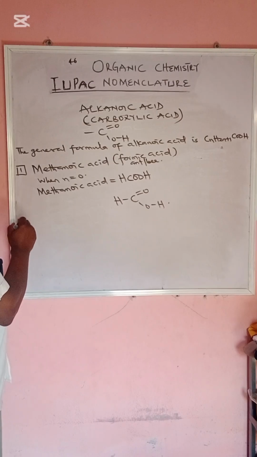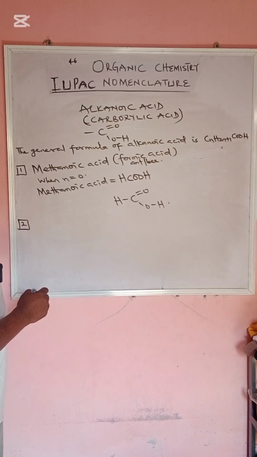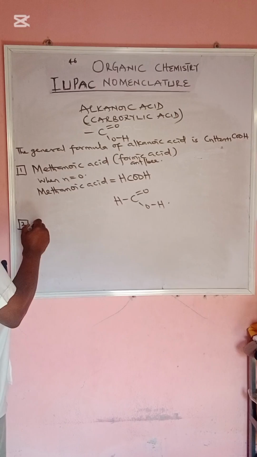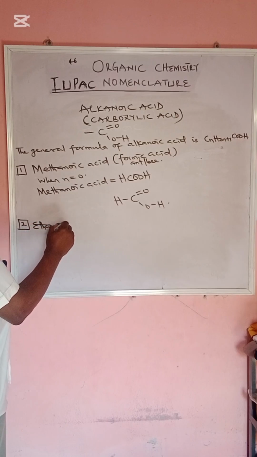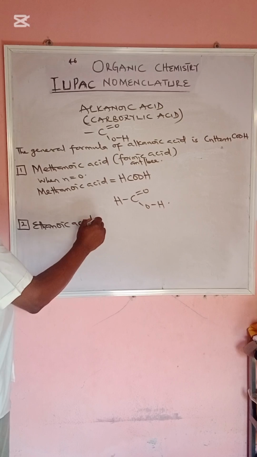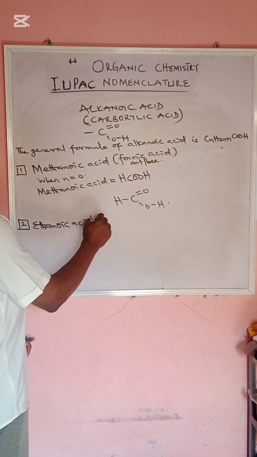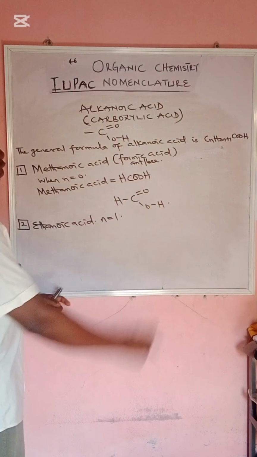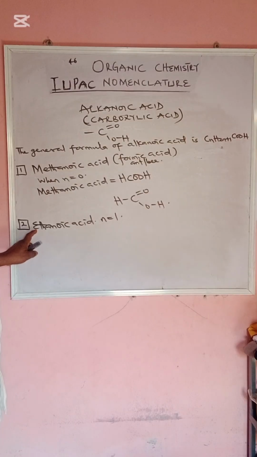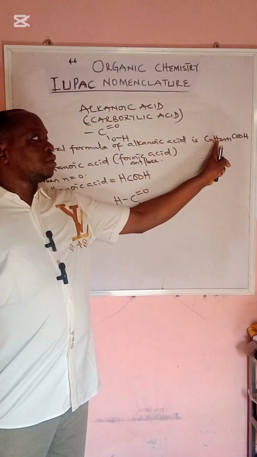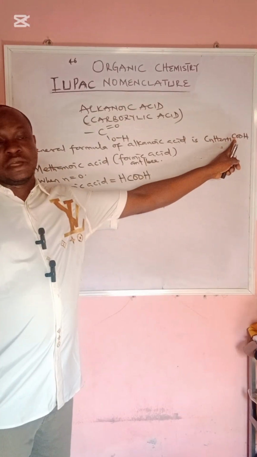So be careful. You want to draw the structure of ethanoic acid. Ethanoic acid must be where n is 1. That is, n is equal to 1 here. Don't use n equals 2, because 1 carbon is already here.